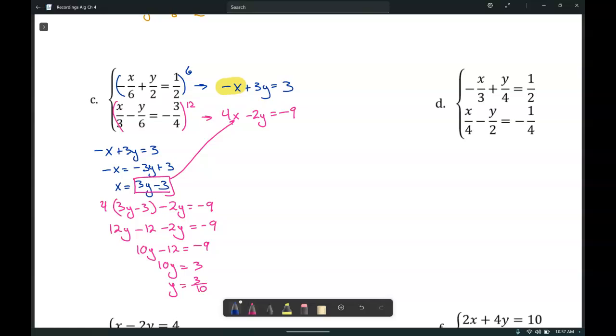And now that we've found y, let's go ahead and plug it back into one of the earlier equations. Let's continue to use this first one here.